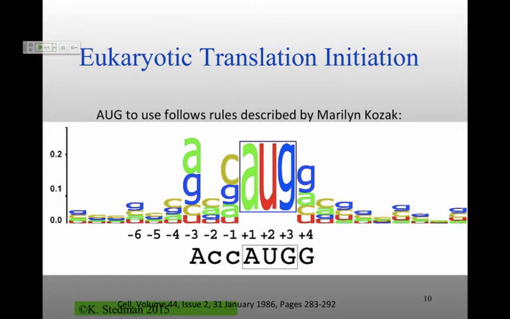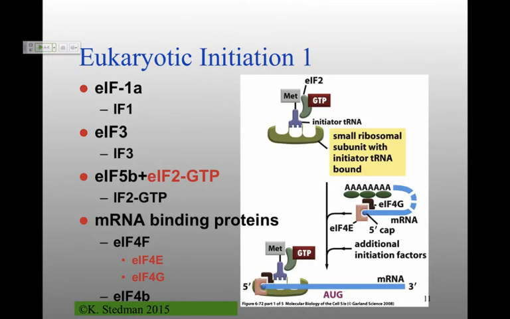Here, it's really all about that particular AUG sequence. And we'll see how that happens in just a second. Same problem: you've got to get the small subunit together with the initiator tRNA to the start site on the messenger RNA before you get assembly of all of the rest of the complex.